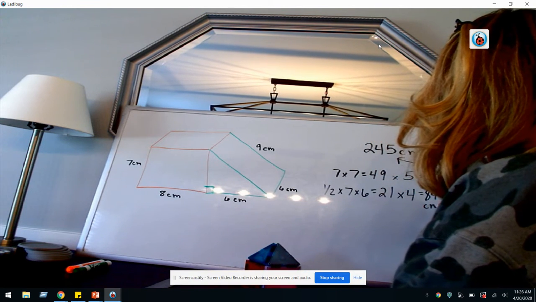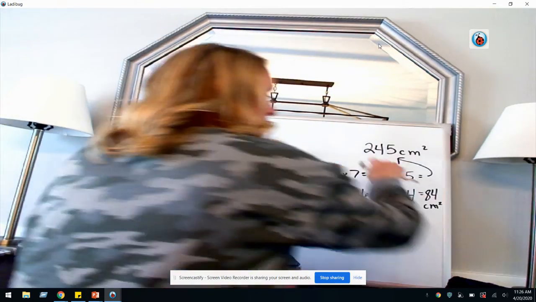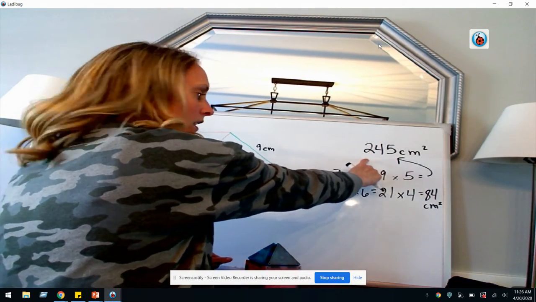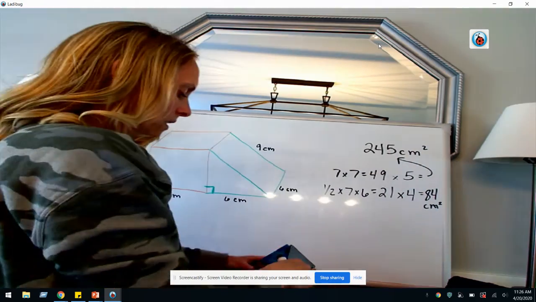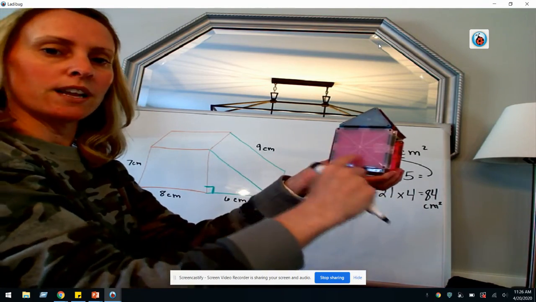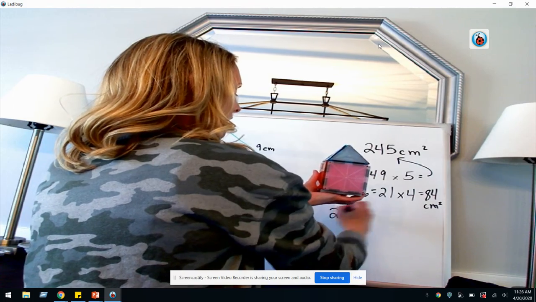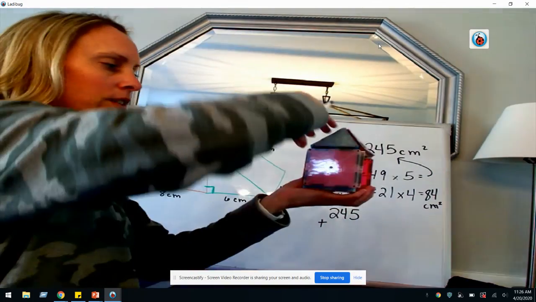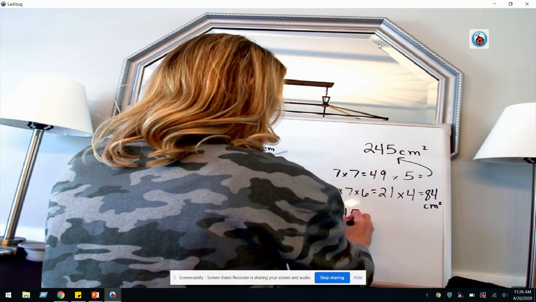So centimeters squared. I can add those two together. So I've got the surface area of the bottom. Oh no, my magnet tiles are coming apart. The surface area of this whole bottom was 245. And then the surface area of the top piece was 84.